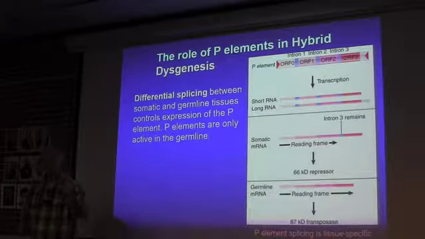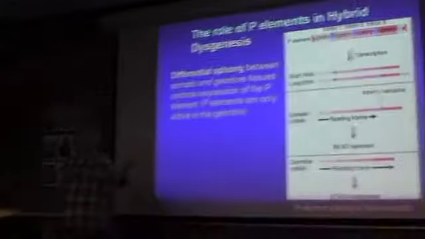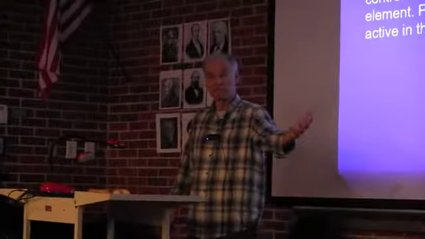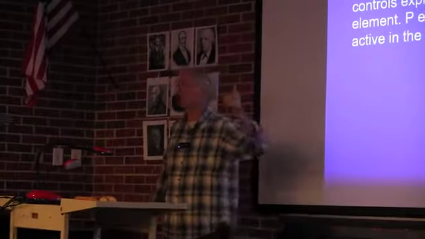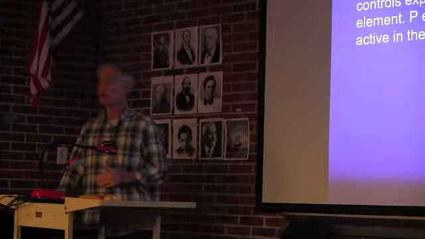And why? Because the germline does not have that protein that binds to the intron. And we don't know why that is. We don't even know what that protein normally does in Drosophila. But it plays a key role here in accidentally controlling the expression of the P element.